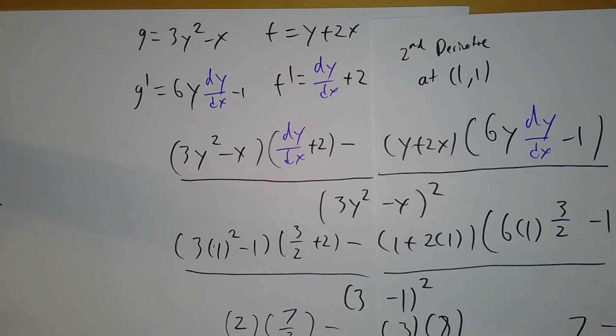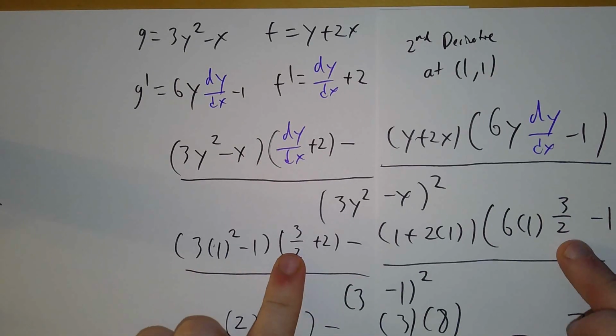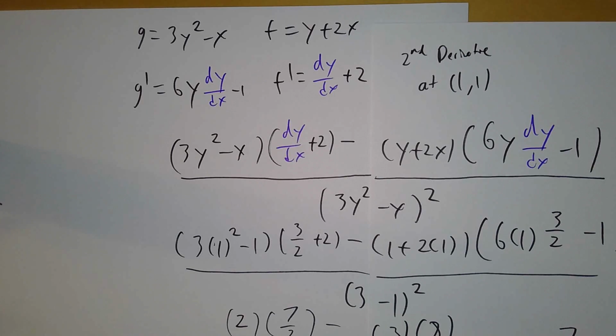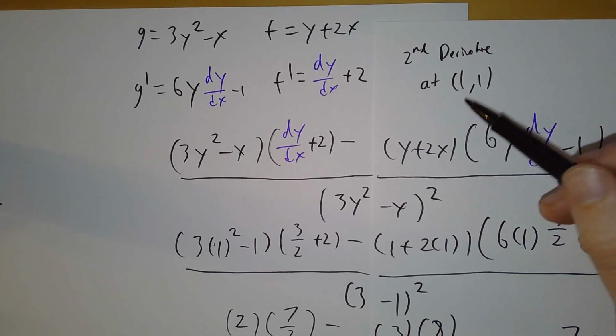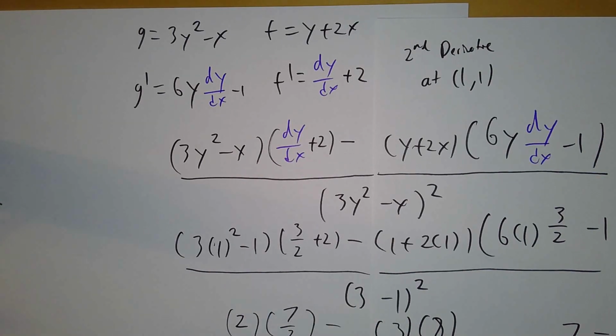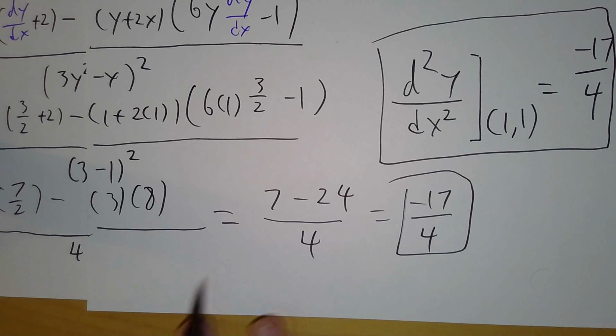That 3 over 2 then replaces all the dy dx's. That's why these two become 3 over 2. All the other x's and y's get replaced with your coordinates, which in my case were 1 and 1. So all the x's and y's become 1 and 1. Then you evaluate that, and that is your answer. And that is the final boss. That is the final boss of implicit differentiation.